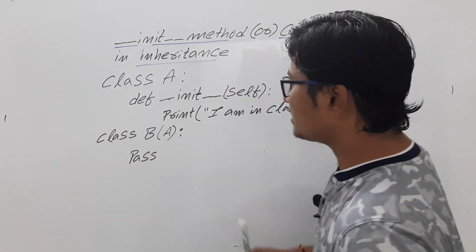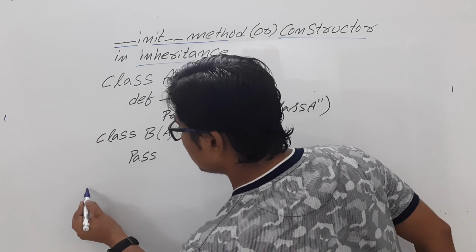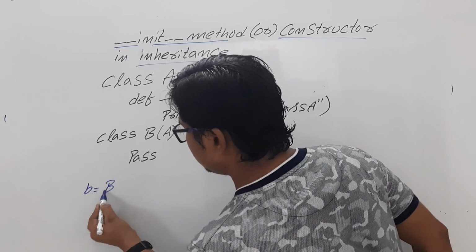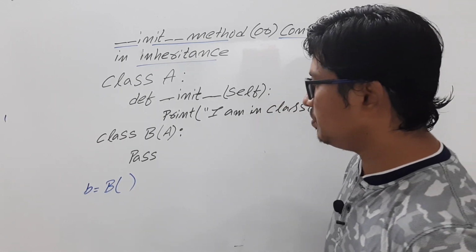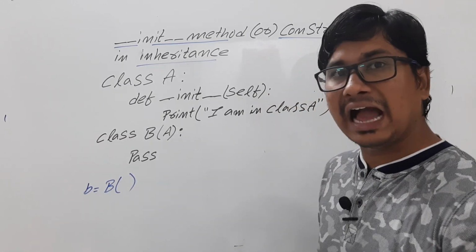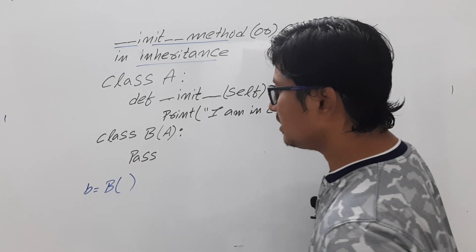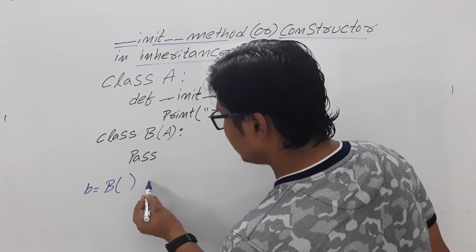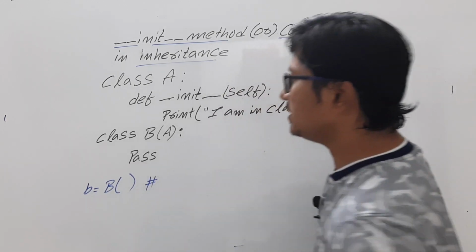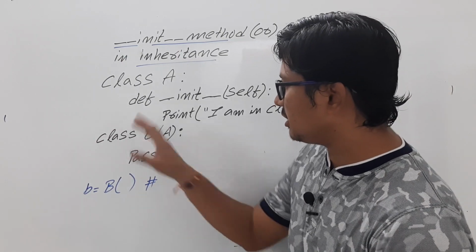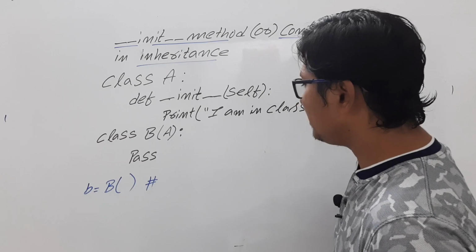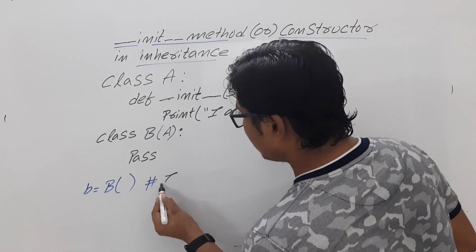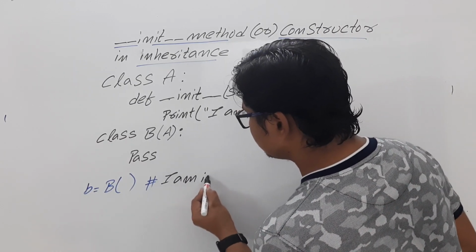Now let's take that I am creating an object for the class B. Now what will happen? Look here. If I have written this entire program and if I interpret and execute it, then I will get an output called I am in class A.